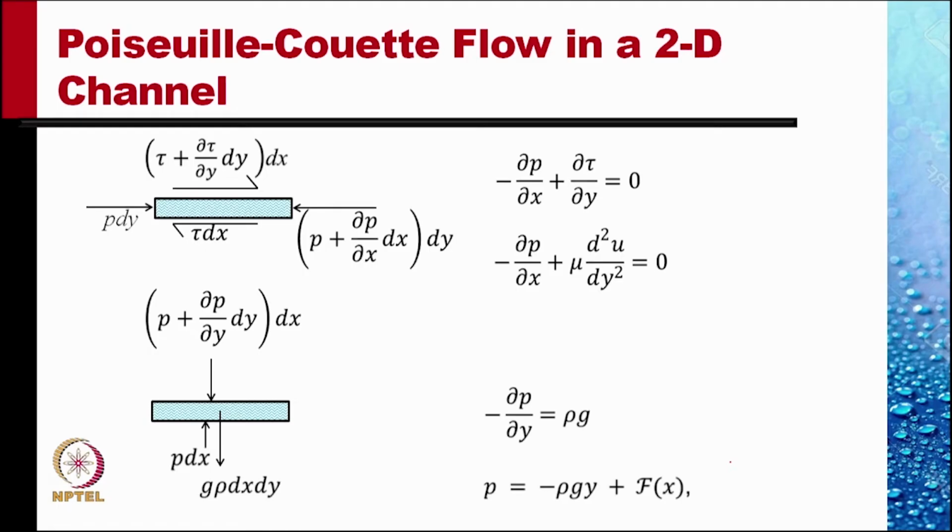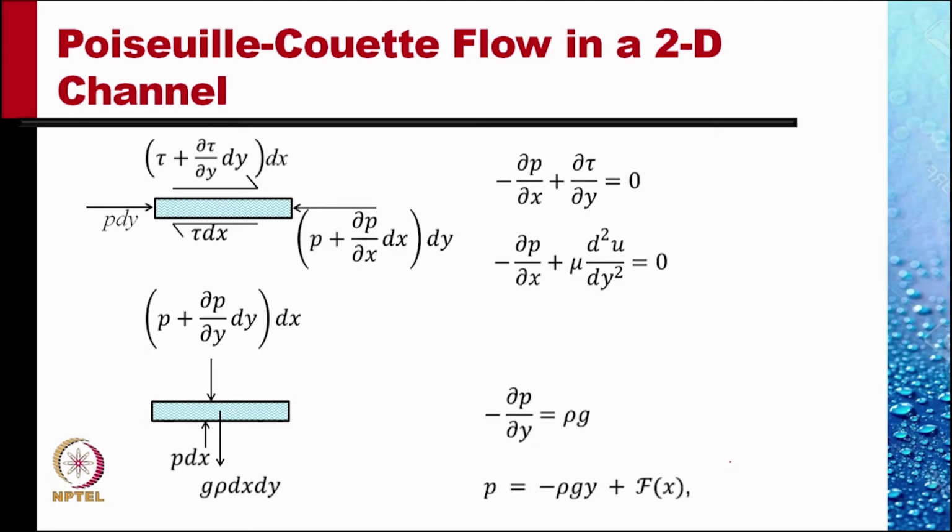The forces in the y direction are p dx on the lower face, P plus del P by del y dy into dx on the upper face, and the weight of the element g times rho dx dy. And the sum of these forces should be 0, and that gives you minus del P by del y is equal to rho g.